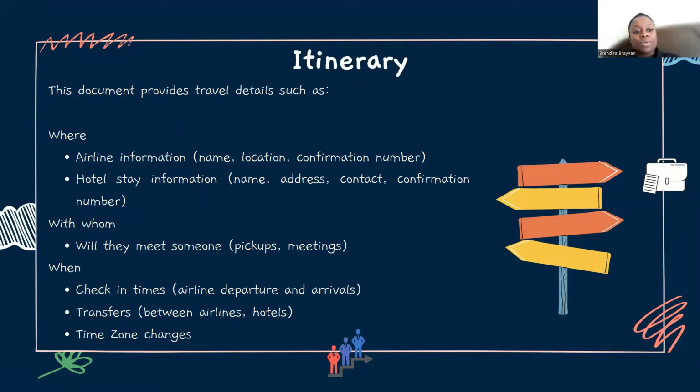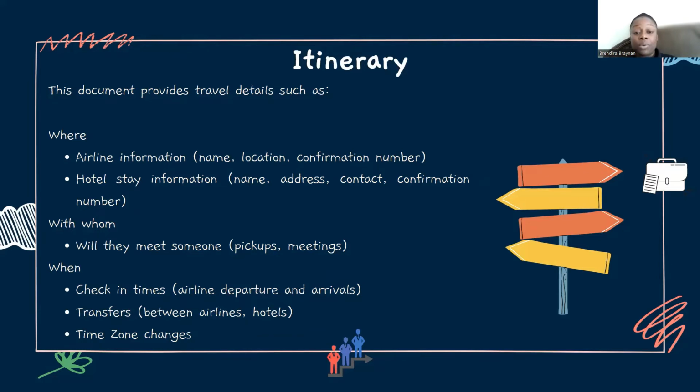And so an itinerary is a document that provides as much travel detail as possible to the traveler. And so it's going to contain information like where you're going, so what country you're going to, the airline information, maybe the name of the airline you're traveling on, the location of the airport, confirmation number from the booked flight. All of that is necessary.